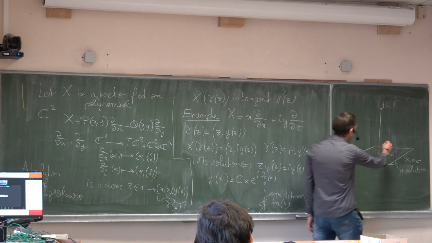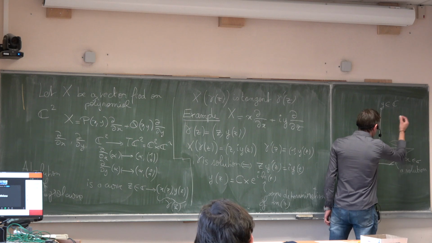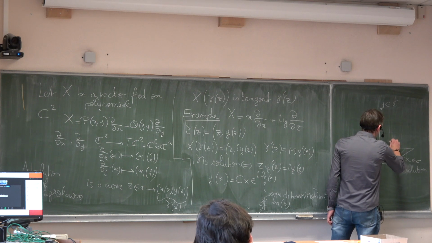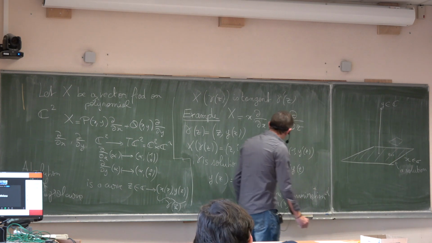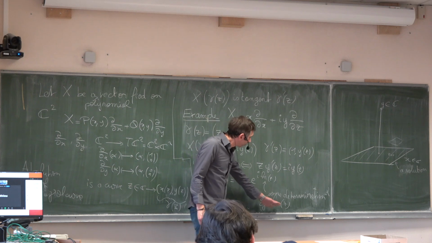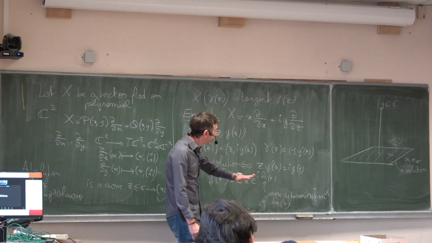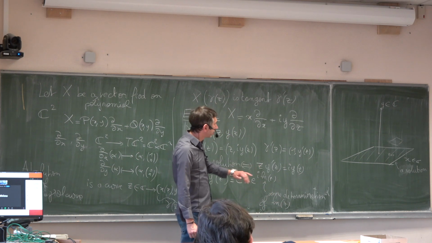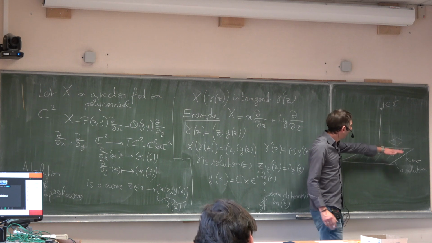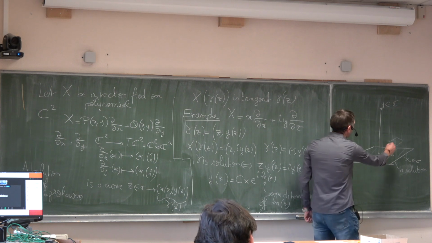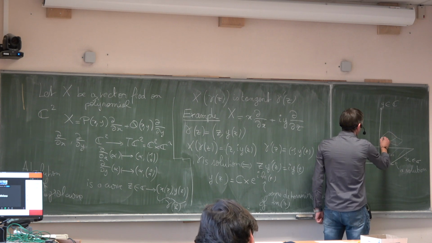So here you have a small graph. This is the graph of the solution, a small part of the solution. And what you can do is, using the complex extension of the logarithm, you can turn around this point and make the analytic extension of the solution. So you turn around this way.